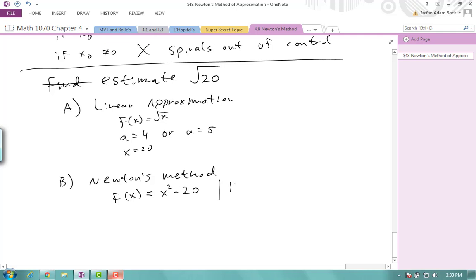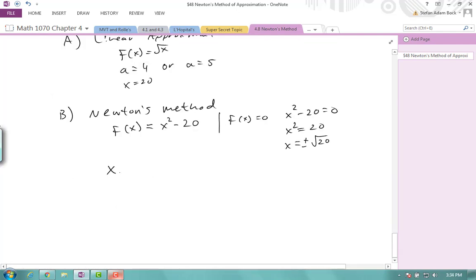Because if f of x is equal to 0, that means x squared is equal to 20, which means x is equal to the positive or negative square root of 20. So I'll just have to be careful that whenever I'm using Newton's method here, I keep to using positive numbers. And again, I could use x sub 0 equal to 4 or x sub 0 equal to 5. Simply because it's closer, I'm going to use x sub 0 equal to 4.